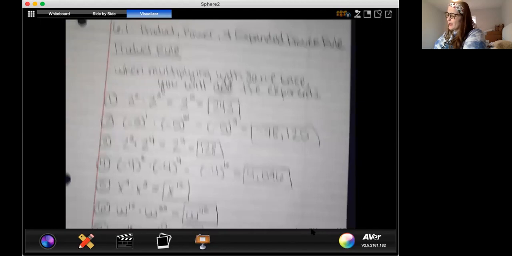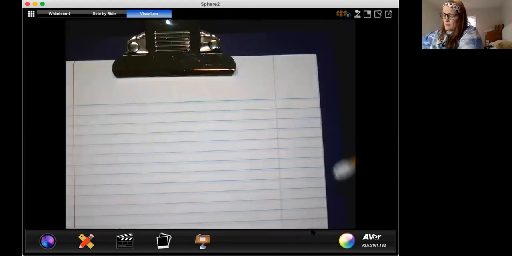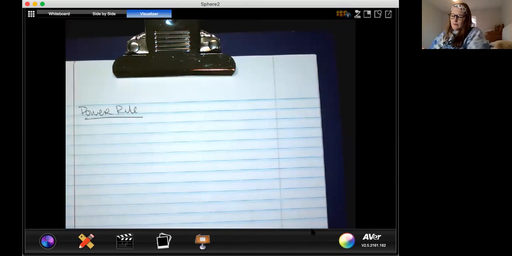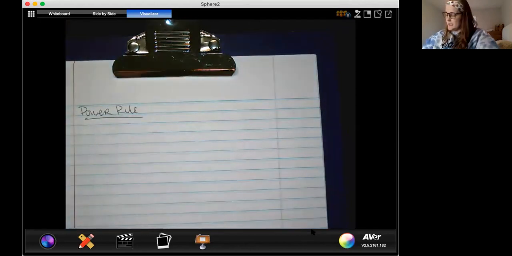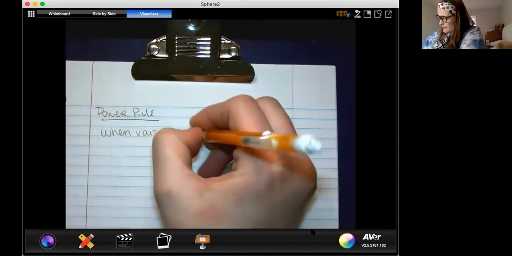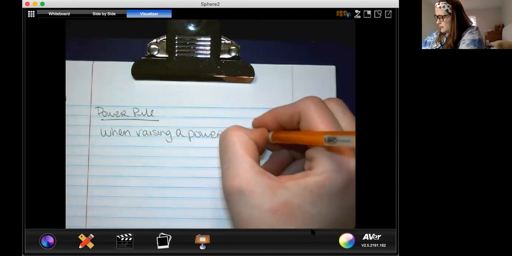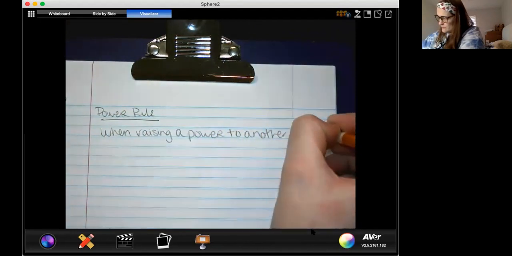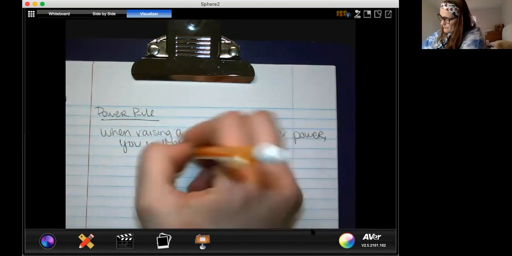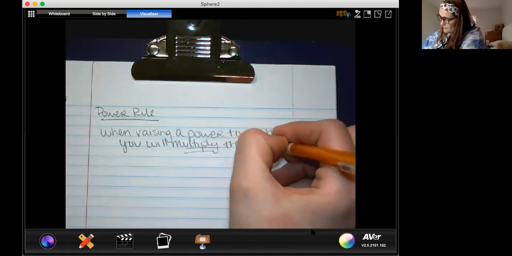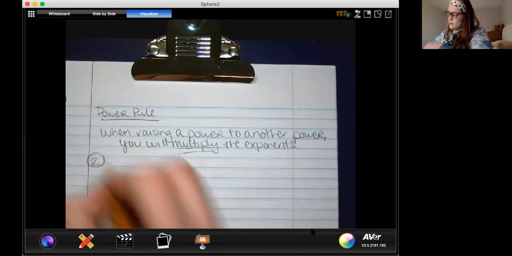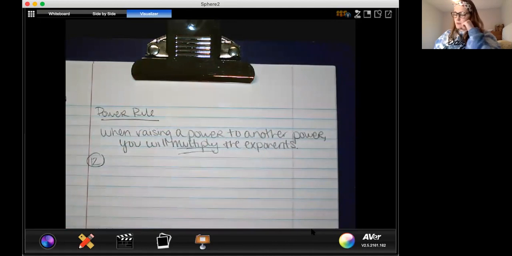Okay, let's try the power rule. Power rule says that when raising a power to another power, you will multiply the exponents.